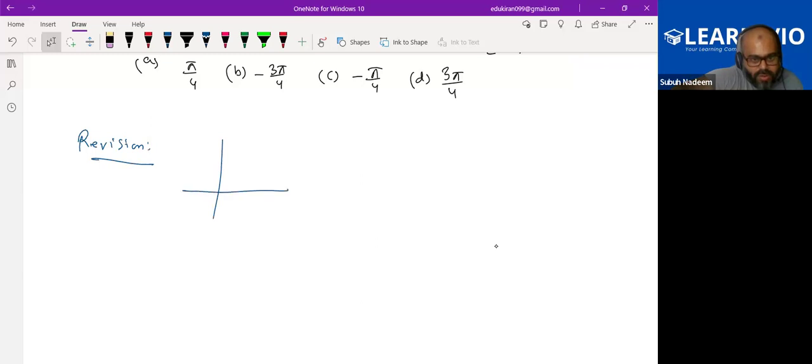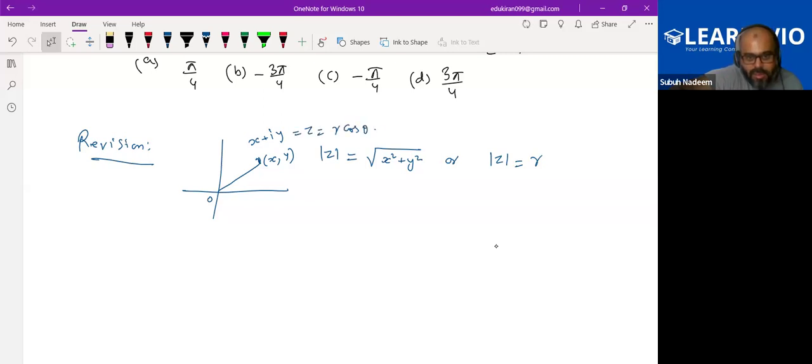So modulus was that if there is a complex number x comma y, which is x plus iy, then its distance from origin is mod of z, which is root over x square plus y square. In polar form, we also say that this mod of z is equal to r. And this complex number z is written as r cos theta plus iota r sin theta.